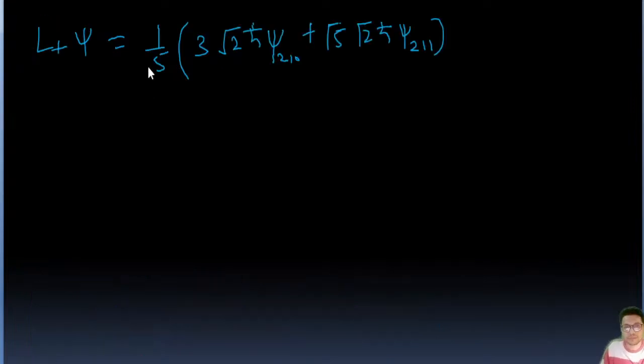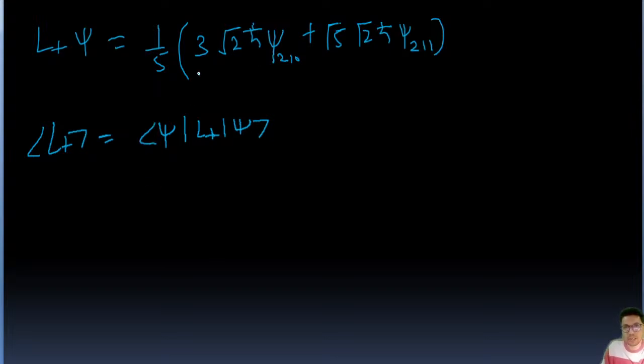And next, so then this is going to be psi, or we can say it like this, L plus, expectation value of L plus is going to be psi L plus psi, right?